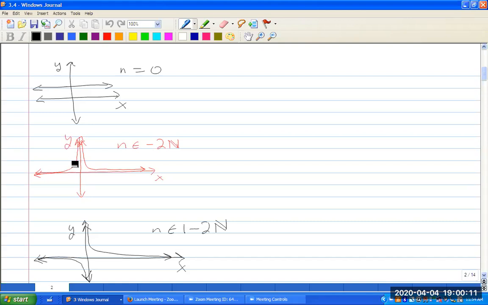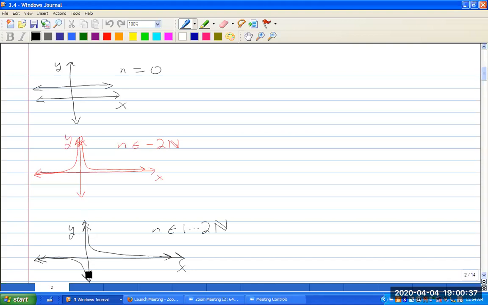If I try to sketch the graph of 1 over x to the n, where n is odd, then again, it'll look like this. So notice that this is for the graph of 1 over x to the n, where n is even. If n is odd, it'll be symmetric about the origin.